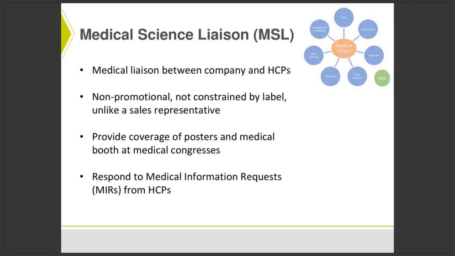Science is the nature of the discussions and the knowledge base that the MSL is responsible for and is expected to know. And liaison means that they are the intermediary between these KOLs or healthcare providers and the company itself, to bring these medical or clinical insights back to the company from the field.